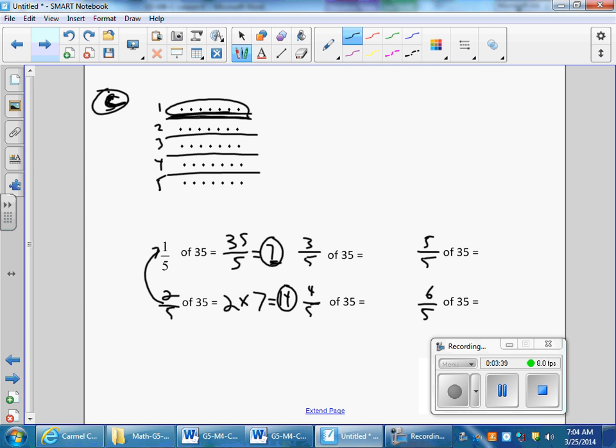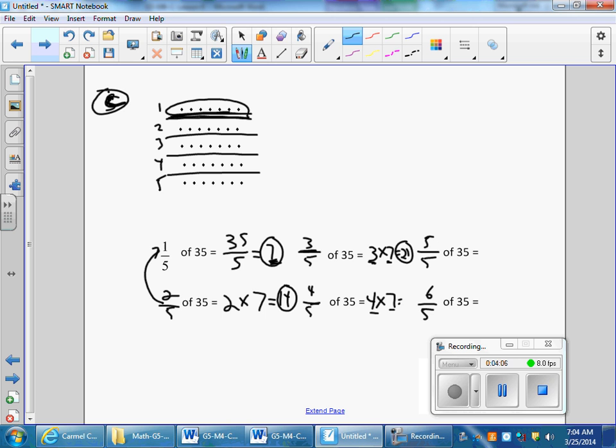3/5 of 35 is like taking triple what 1/5 is. 1/5 is 7. So triple that, 3 times 7, is 21. 3/5 of 35 is 21. 4/5 would be like taking 4 times 1/5. 1/5 again is 7.